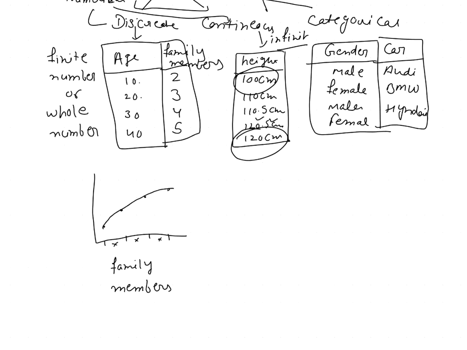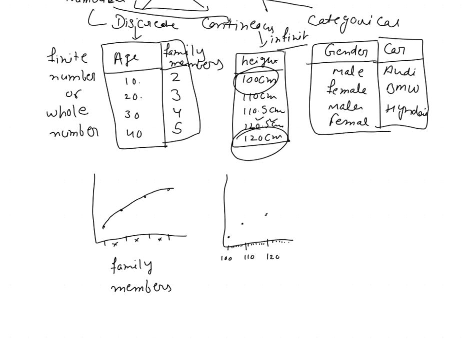But if we try to draw this one, so let's say the height is starting from 100 centimeter, then you have 110, then you have 120. Okay. But there are some numbers in between too. Okay. 110.2, 1 point something, and there are many numbers between these two, right? So your first point is here, here, and here. But there are some points like 100.2 centimeter.